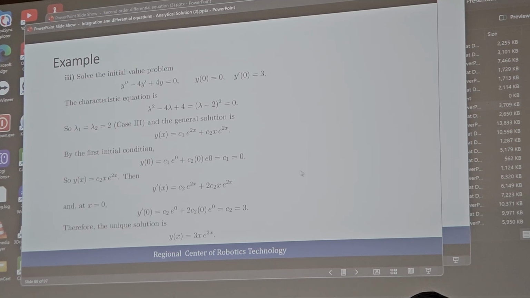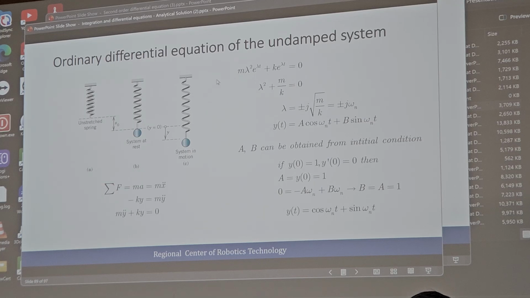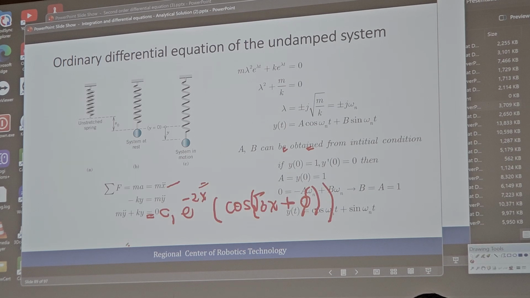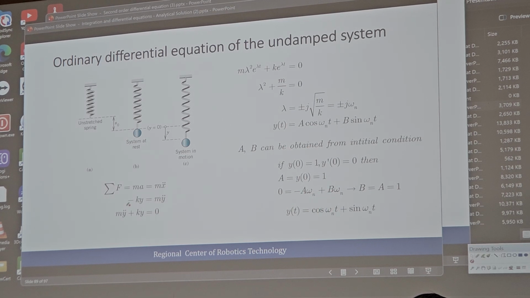Another form, for example, you have this one. Let's say you have this system, right? So your dynamic model is this one. If you substitute y equal to e to the lambda t into this one, you have this characteristic equation.